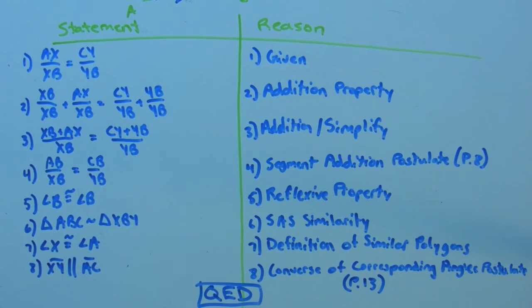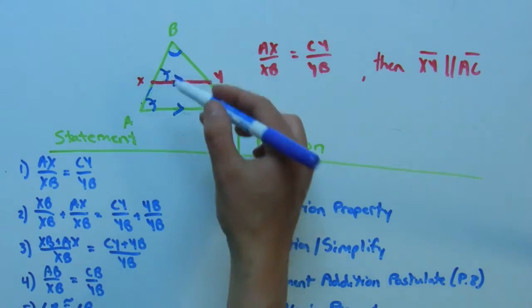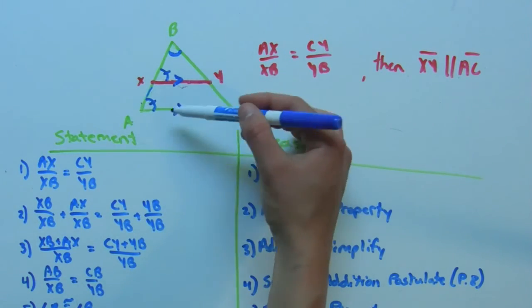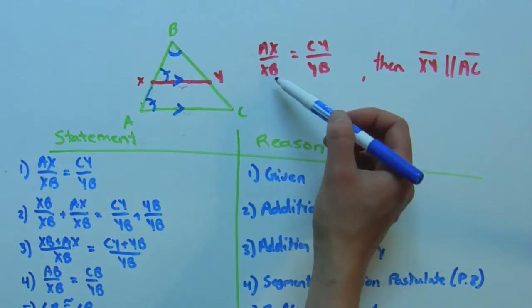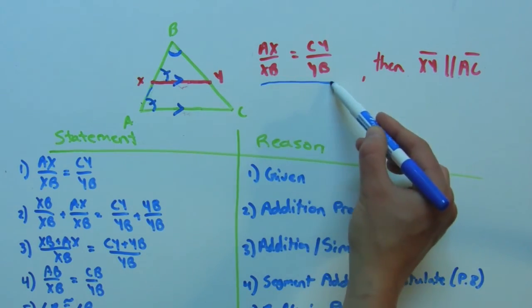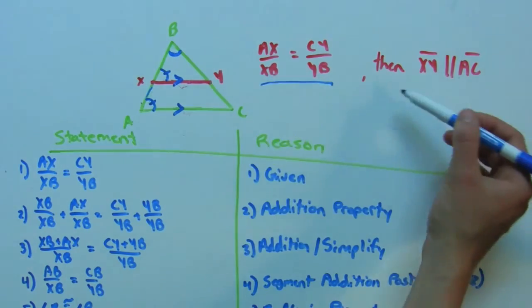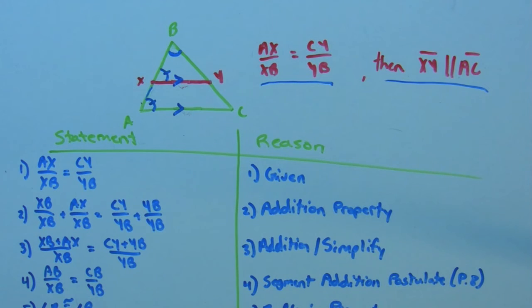And that is what we needed to prove. Given that a segment divides two sides of a triangle into proportional lengths, then that line is parallel to the third side. Now we're going to go over a corollary that's related to this proportionality theorem.